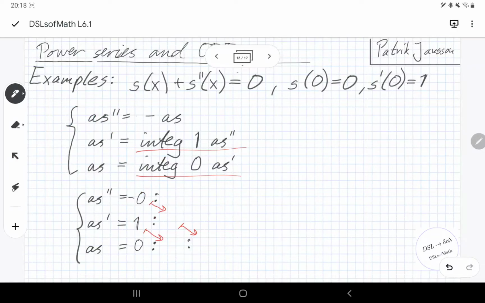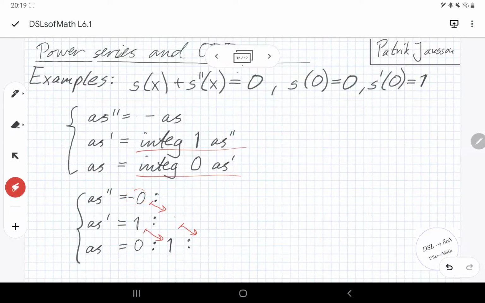So, for example, if we take this definition using AS prime to compute AS. So we want to compute the first component of AS, and that comes from the 0th component of AS prime. So that's just 1 divided by 1, which is 1. Similarly, we can use this equation to compute the next term of AS prime using the 0th term of AS double prime.